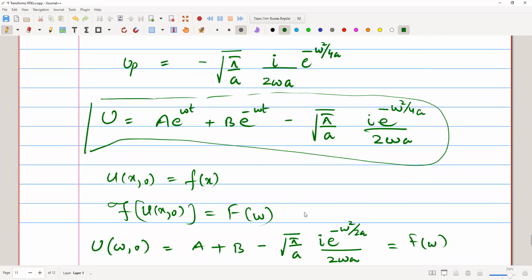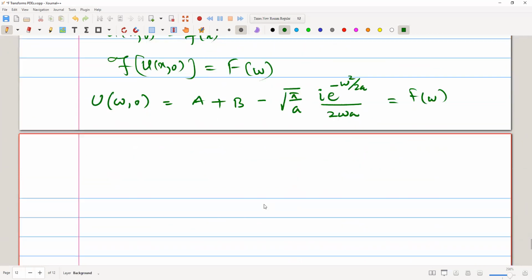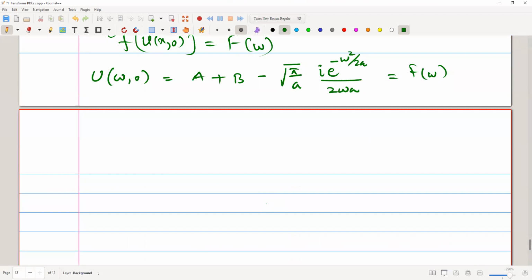And then the other condition that we are going to use here is, as we are talking about an infinite domain, that if t tends to infinity, the solution should vanish, right? It's another condition that is also given in the question, that as t tends to infinity, the solution vanishes.